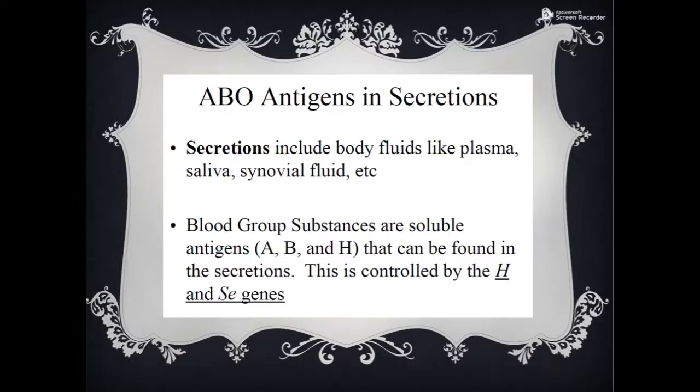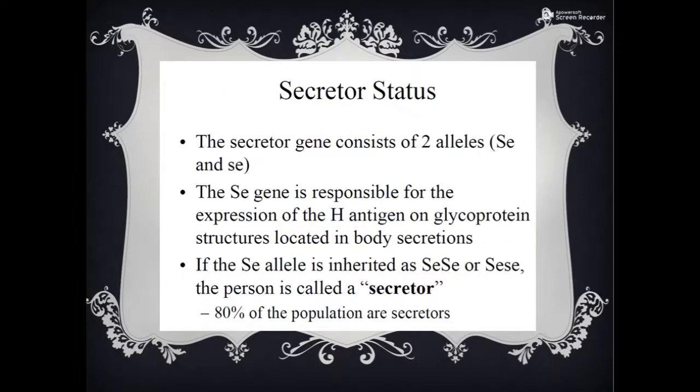And so the secretion is mainly controlled by the presence of H and Se genes. 80% of the people are considered to be secretors, and it is inherited by the presence of an allele called Se.